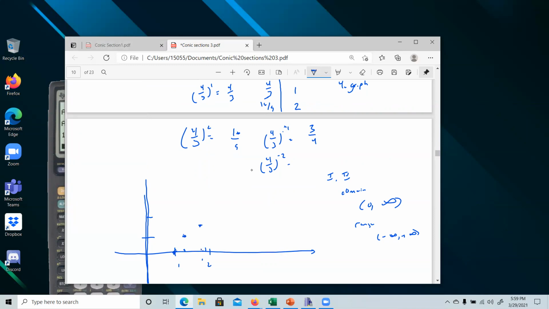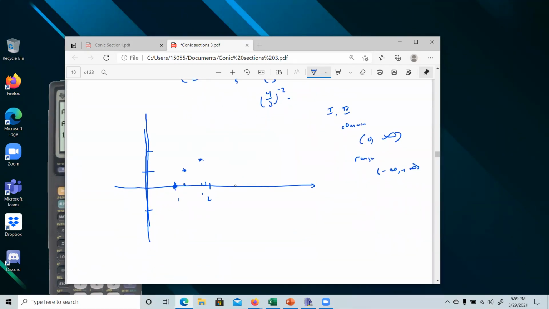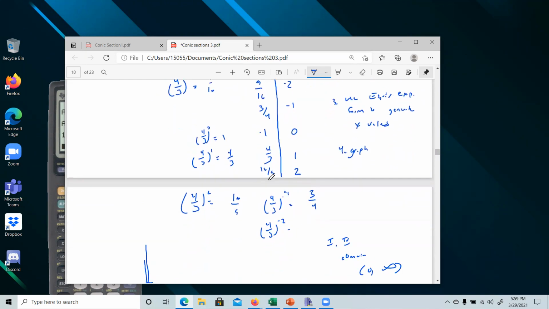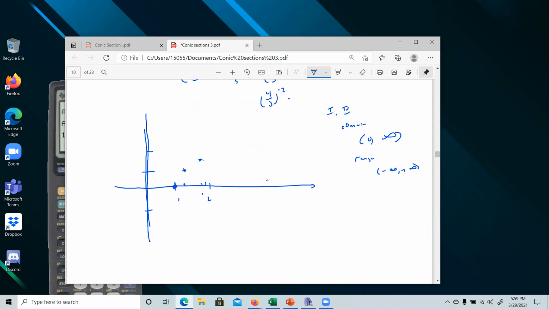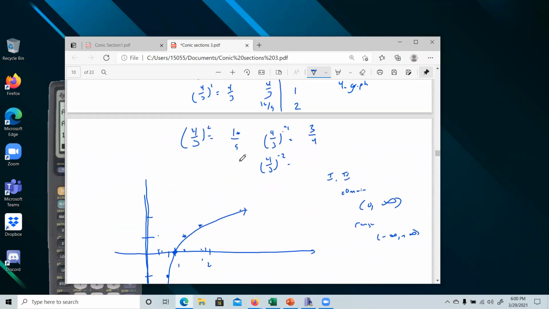Then we have 3/4, about here, down here, and then 9/16. 9/16 is a little bit bigger than 8/16, which is half, so we're down here at -2. And that is the shape of every logarithm graph you're ever going to encounter, more or less.